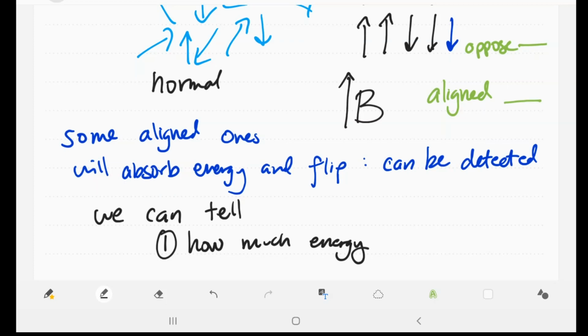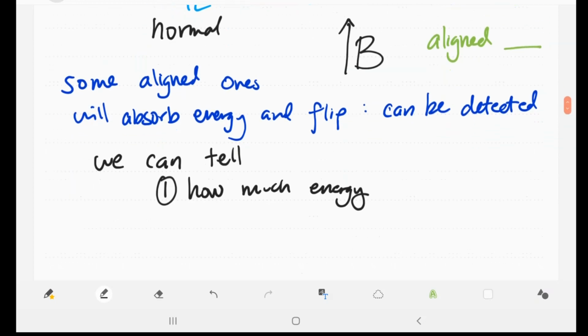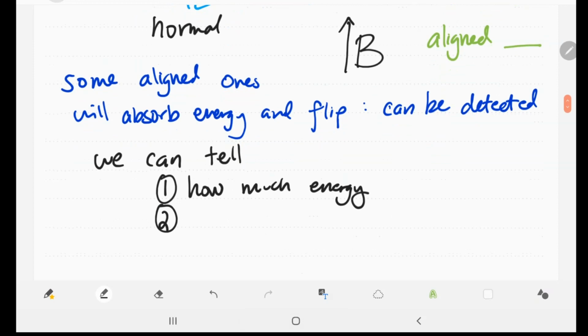And so with this, we can do the same thing. We can see how much energy they're absorbing and how frequently. Just like how many there are. Well, let's erase that. So how many nuclei absorb it?